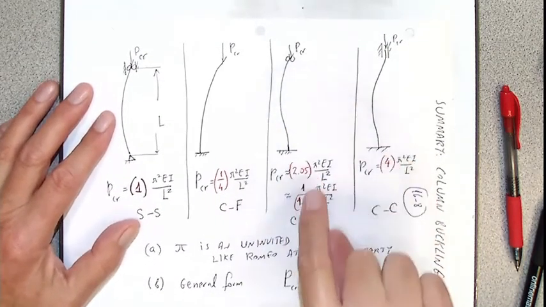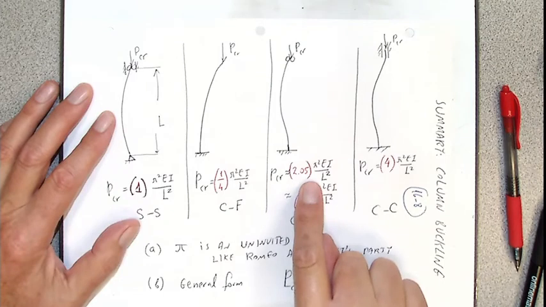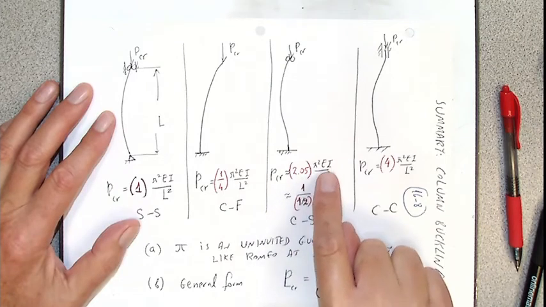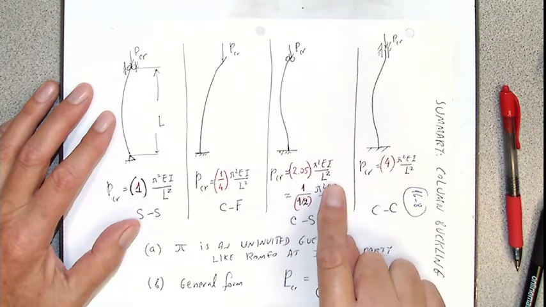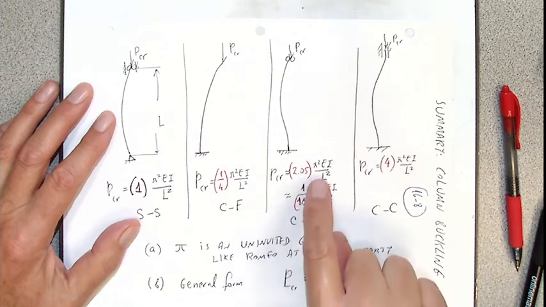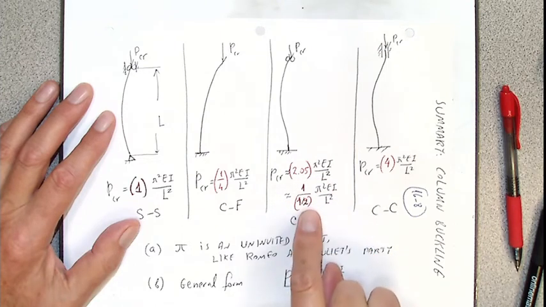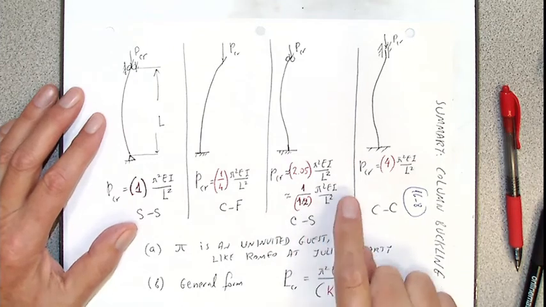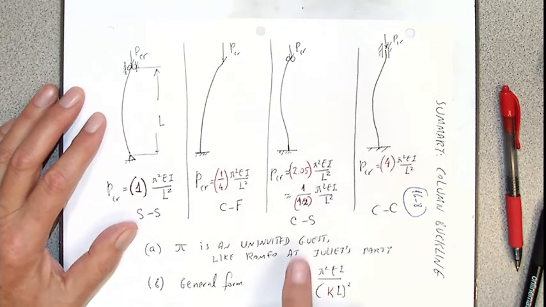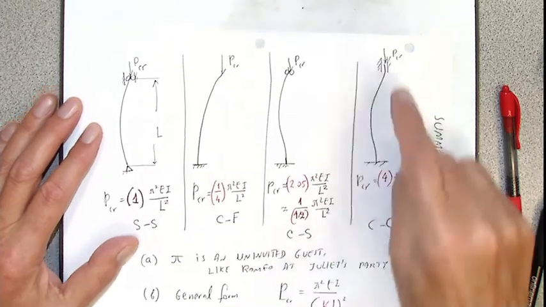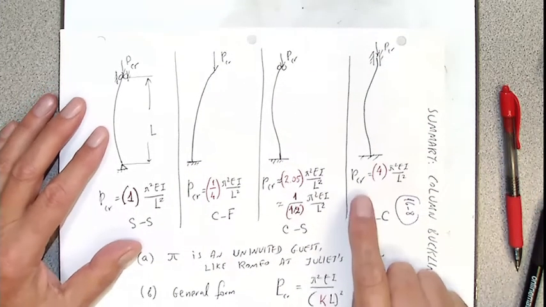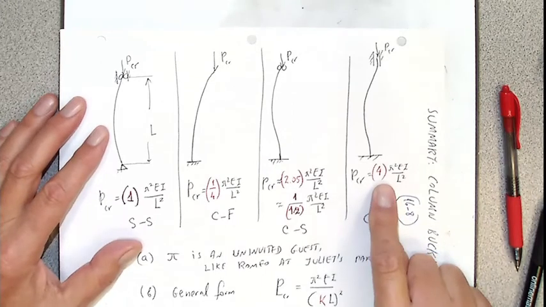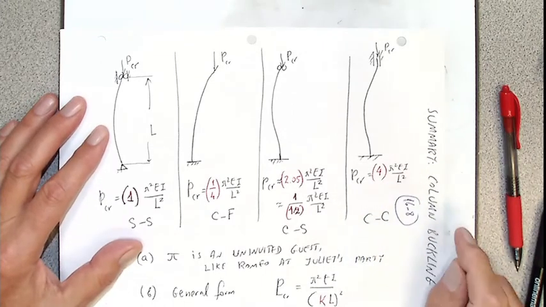Here, P critical equals approximately 2.05 pi squared EI over L squared, or approximately 1 divided by a half, pi squared EI over L squared. That is clamped, simply supported. And here, clamped at both ends, we obtained factor 4, pi squared EI over L squared.